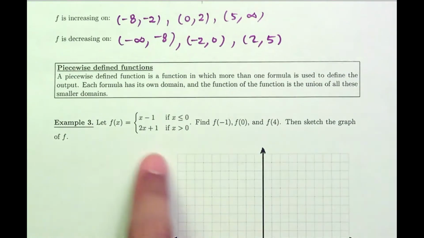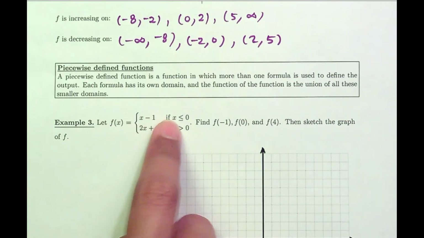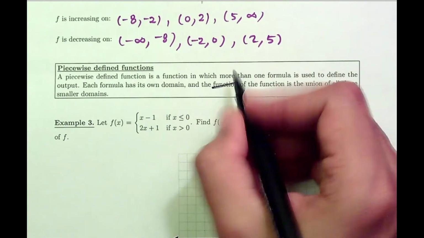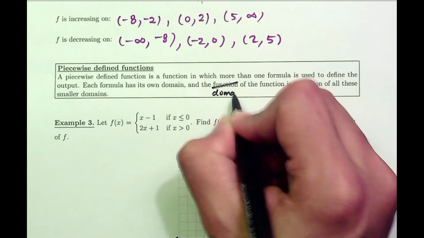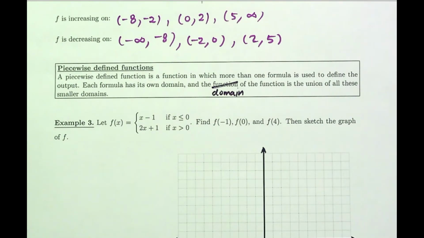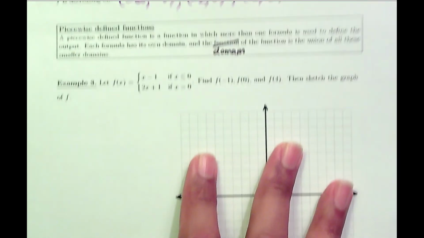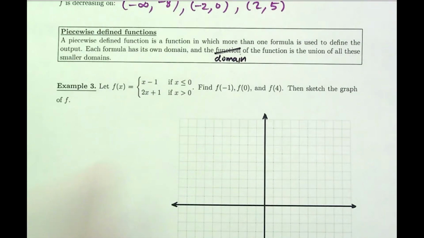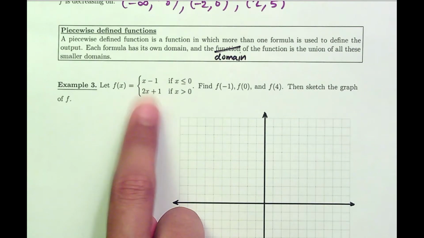Each piece has its own domain, and the domain of the entire function is a union of all these smaller domains. So here's the first example about piecewise defined functions. Piecewise defined functions look like this.